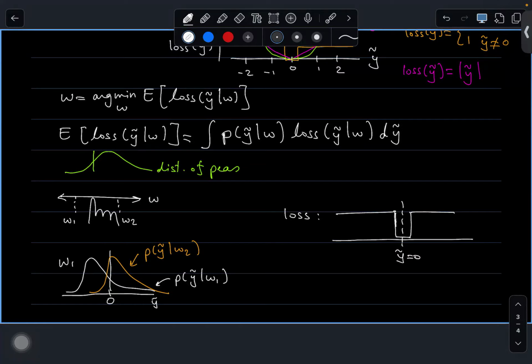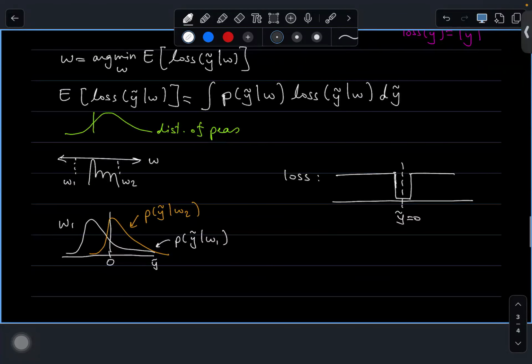I just want to maximize the number of peas that go inside the bottle. Suppose that's my loss. So how do I find the W that maximizes my gain, minimizes my loss? Well, what I'm trying to do is find the W that minimizes the expected value of my loss. The expected value of my loss is the integral of the probability of that error times the cost it's going to have.